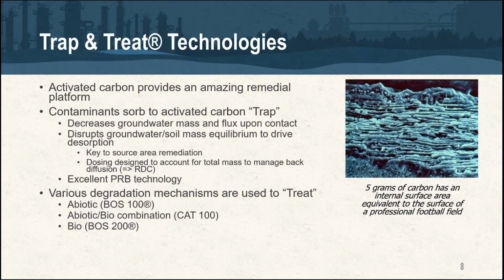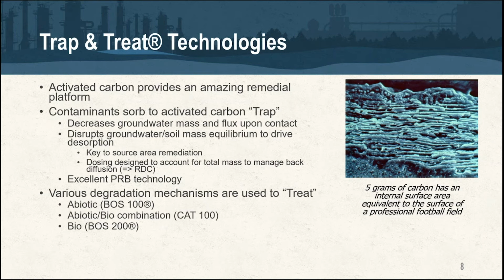Source areas are a lot different because most of the mass, maybe 80–90% as much, can be tied up into the soil. And so how do you use these technologies to clean the source area? What you do is the activated carbon is going to first adsorb what's available, which is what's in the aqueous phase. It's kind of the easy part when you're talking about source areas. The sorbed phase, which is the larger component, is the much harder, longer term piece of this.